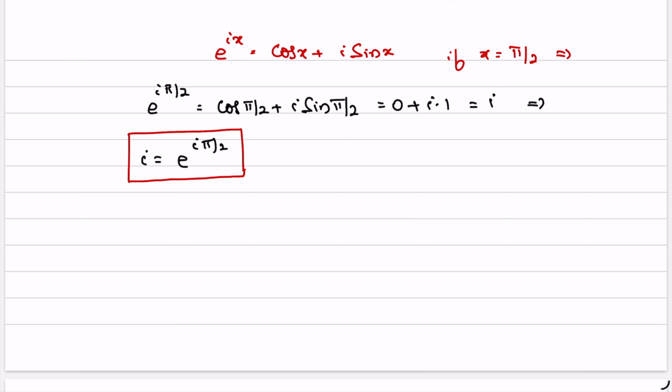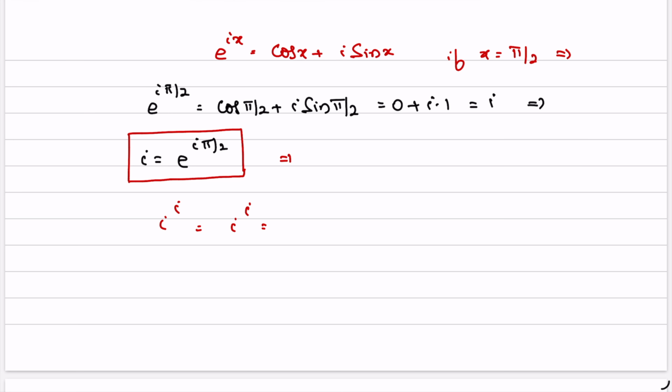Now, what is i to the power of i then? We will keep i here the same and we will write the i value as e to the power of i pi by 2. i to the power of i can be written using another important identity of logarithms.